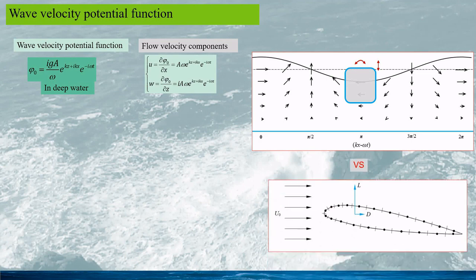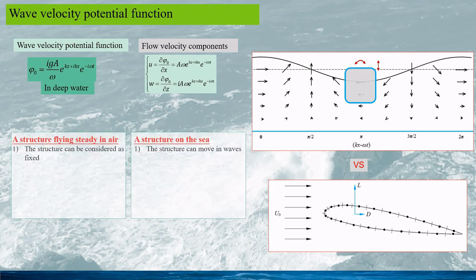If we compare the structure on the sea with the body flying in the air, we can see the differences. For the flying body, the problem would be the same as a fixed body in a uniform flow, while the structure on the sea can move under the wave actions.